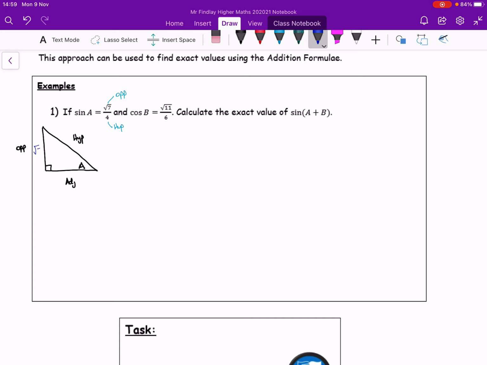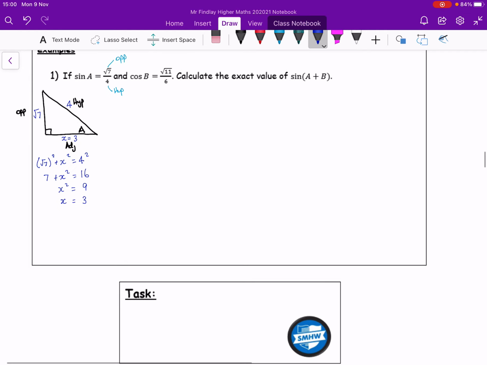So there is root 7, there is 4, and we are missing a value here. However, a third side can always be calculated using Pythagoras. So root 7 squared plus x squared is equal to 4 squared. Root 7 squared is 7, plus x squared is 16, so x squared is equal to 9, x is equal to 3. So what we have is our third side.